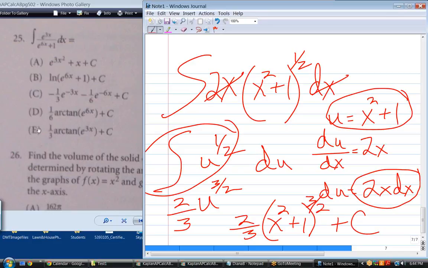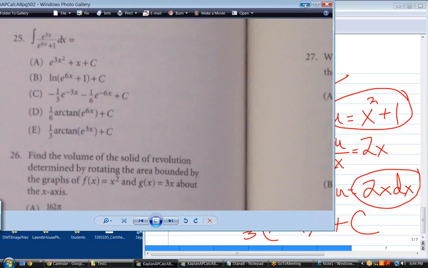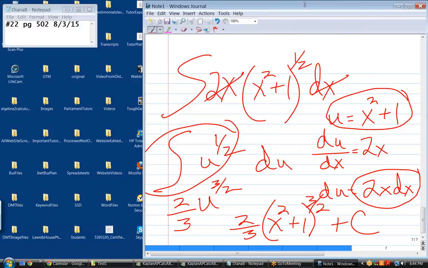Oh, this is a problem I made up. We're not doing a problem like this on the test. I made this up just to illustrate u substitution, and what we look for when we're going to do u substitution. We look for a very critical thing.